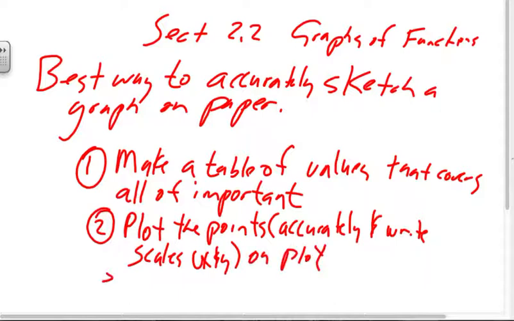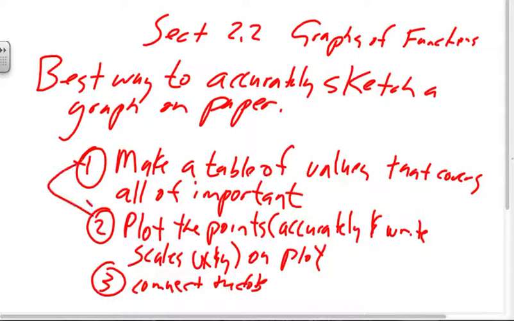And then the last thing is to connect the dots. But what you do by making a table of values and then plotting those points is you're actually going to make an accurate graph rather than one which sort of looks kind of like it.